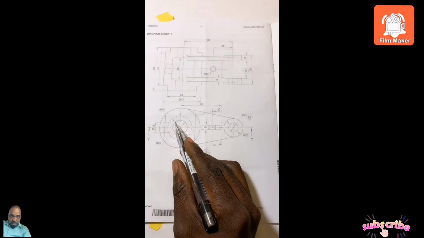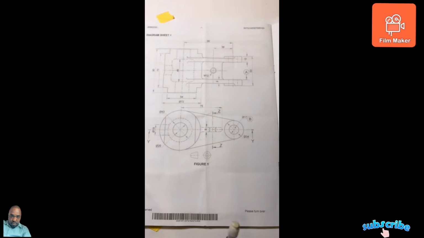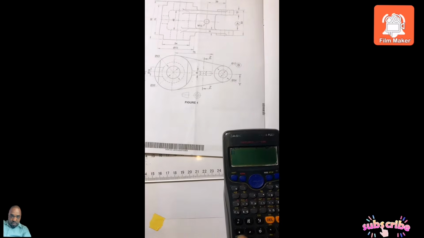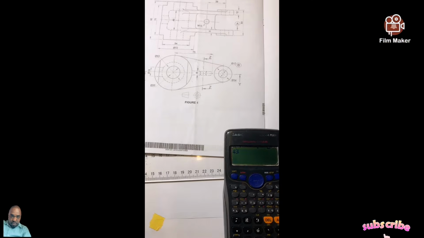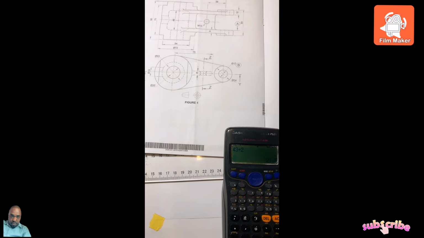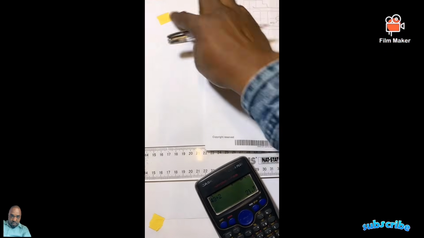So I'm going to start with this diameter, diameter 43 divided by 2. Using a scale 1:1, you must always have your calculator. So 43 divided by 2. In the previous video, somebody said I'm jumping a lot of steps.